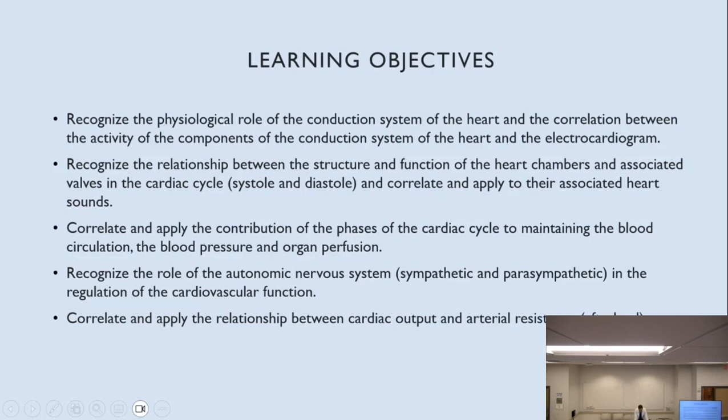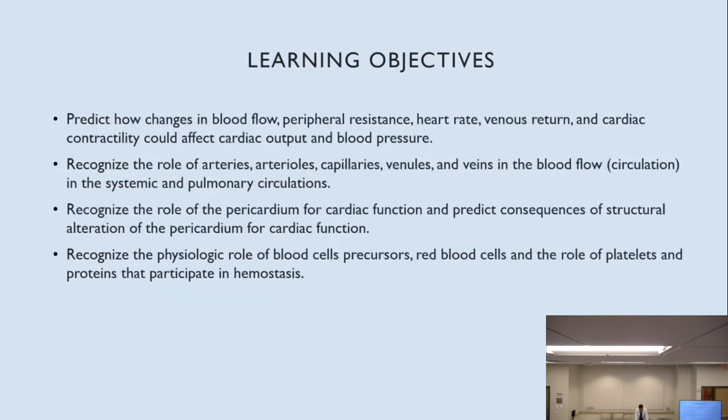We're going to also look at the role of these in the generation of the cardiac output and the relationship of different variables in the cardiovascular system, cardiac output, stroke volume, with other factors that appear in the peripheral circulation, like afterload, arterial resistance.